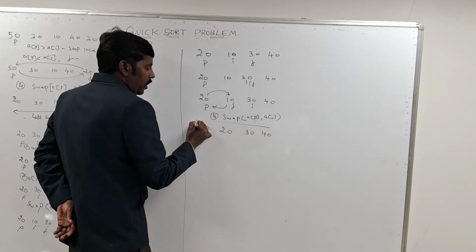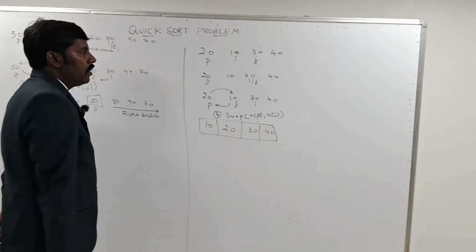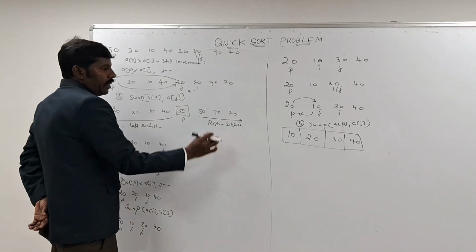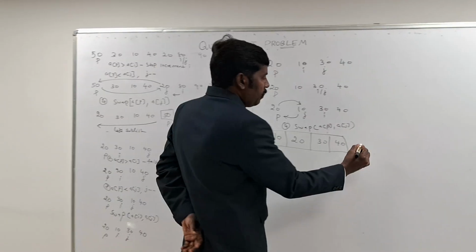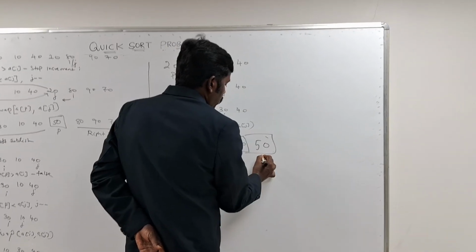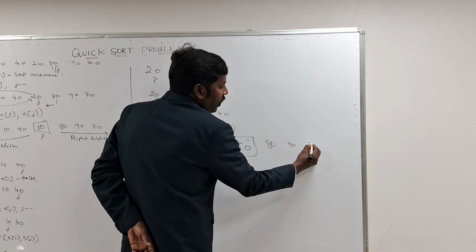So the left side sublist is done. Now move to the right side sublist. In the right side sublist, the pivot element is 50. The right side sublist values are 80, 90, then 70.